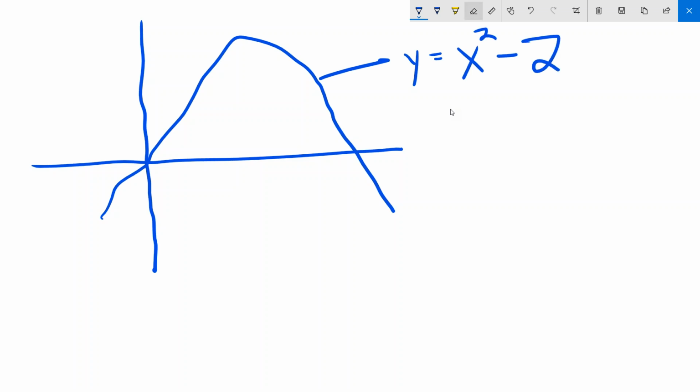Nope, I got it backwards again. That was my problem before. It's actually 2x minus x squared. Okay? Why is it not x squared plus 2x?